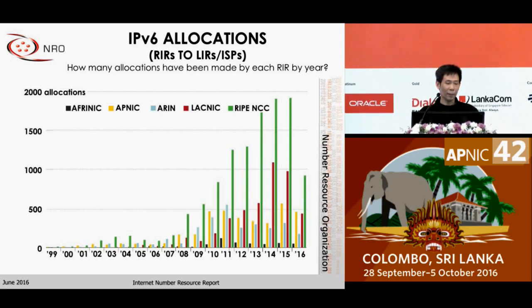Then the IPv6 allocation increased. You can see RIPE NCC is making nearly 2,000 IPv6 allocations per year, followed by LACNIC, about 1,000 allocations per year.